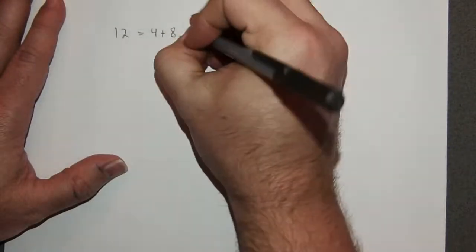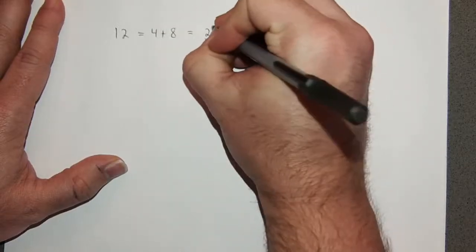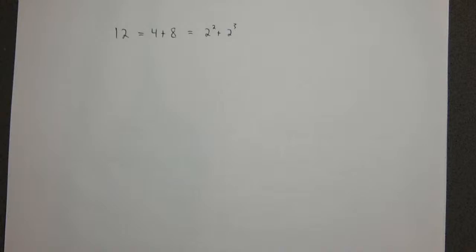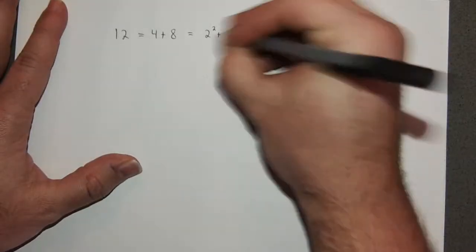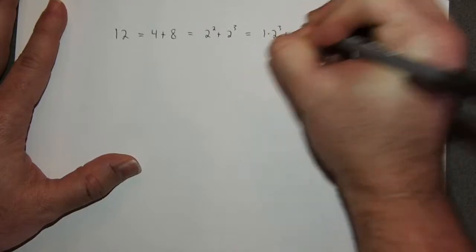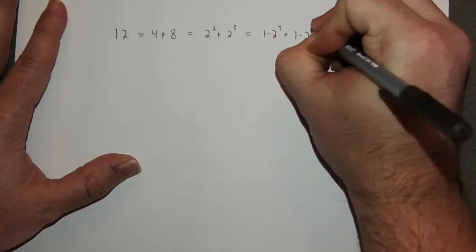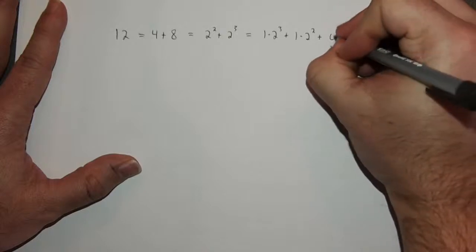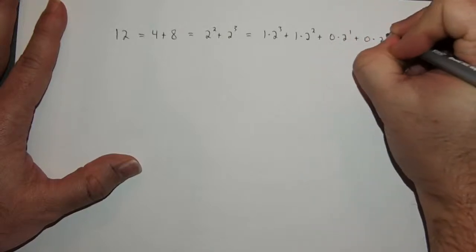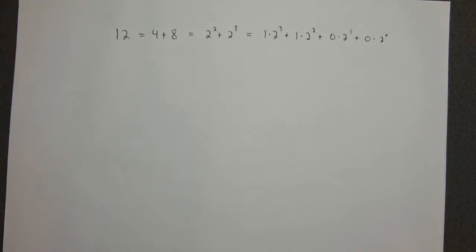What this is saying is that 12 is really 2 squared plus 2 cubed. Now we can rewrite this a little bit. So this is 1 times 2 cubed plus 1 times 2 squared plus 0 times 2 to the first plus 0 times 2 to the 0.